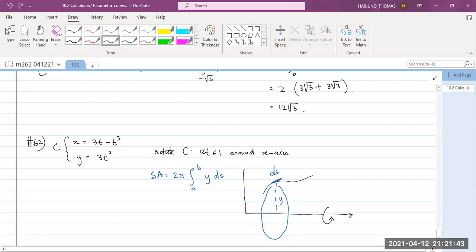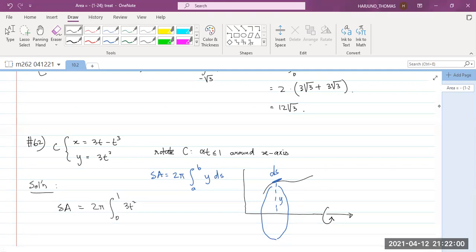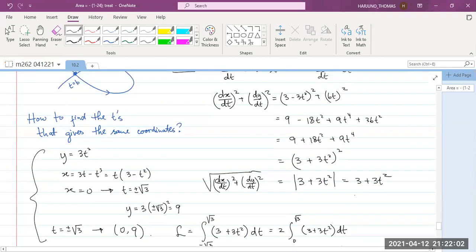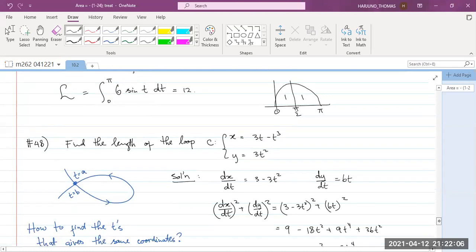Now the y is... so surface area equals 2 pi integral from 0 to 1. The y is 3t squared. And the ds, well, we actually computed earlier. This happened to be the same as what we did in number 48.